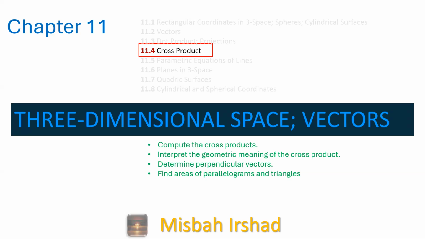Also, you'll be able to find the volume of a parallelepiped, and you will learn to use the right hand rule to determine the direction of the vector generated by the cross product of two vectors. Let's begin.